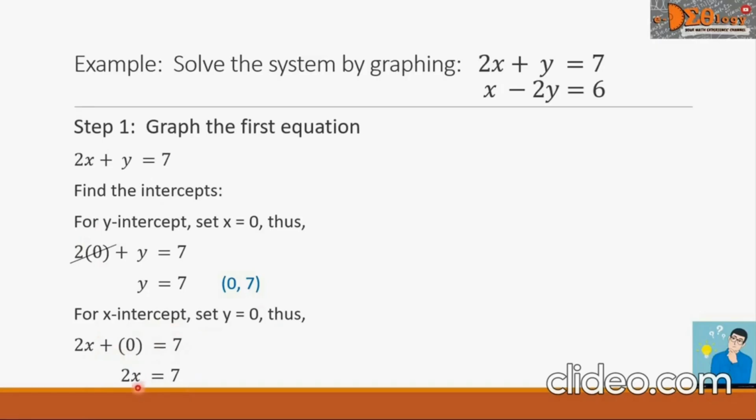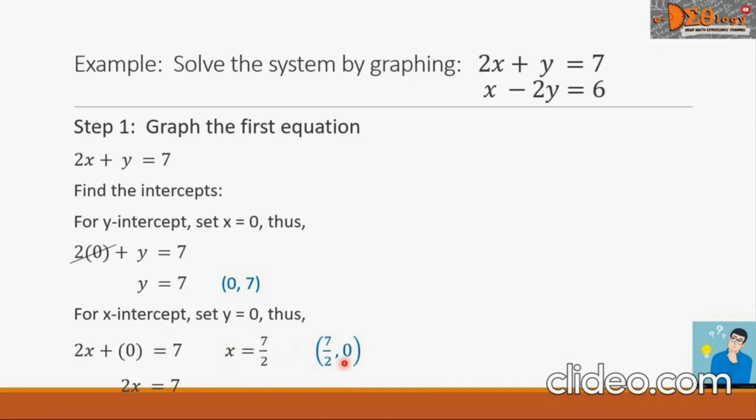Let us divide the whole equation by the coefficient of x, which is 2. So we now have x equals 7 over 2. This is the value of x when y equals 0. Let us write the ordered pair of the x-intercept as 7 over 2, or 3.5, 0.